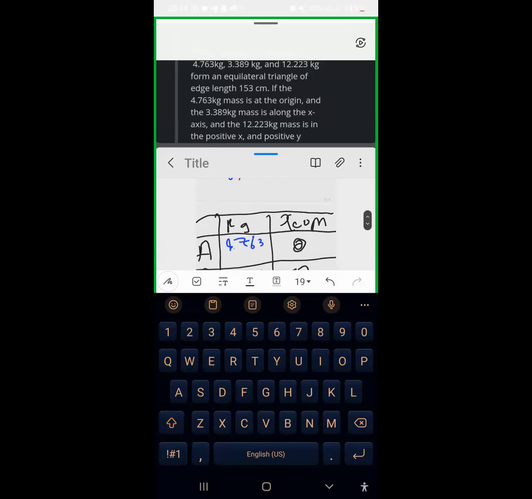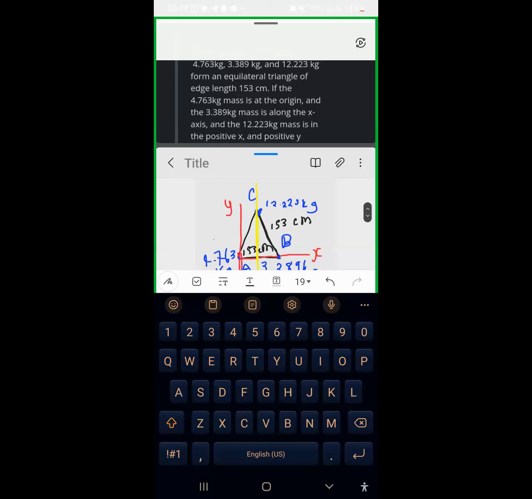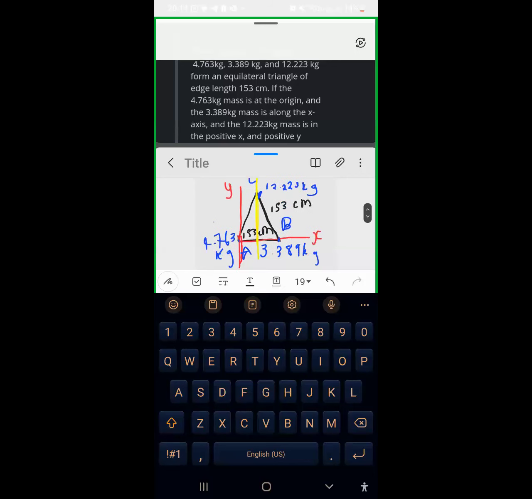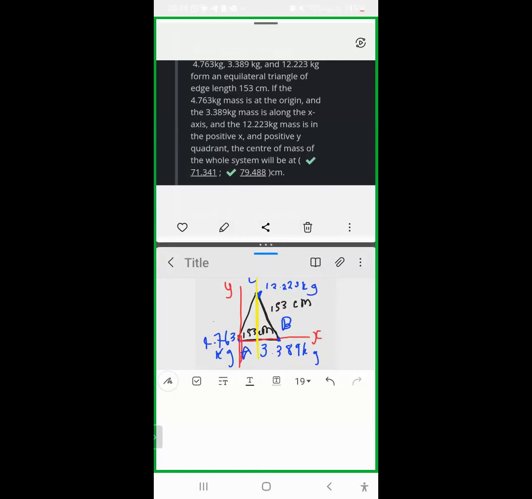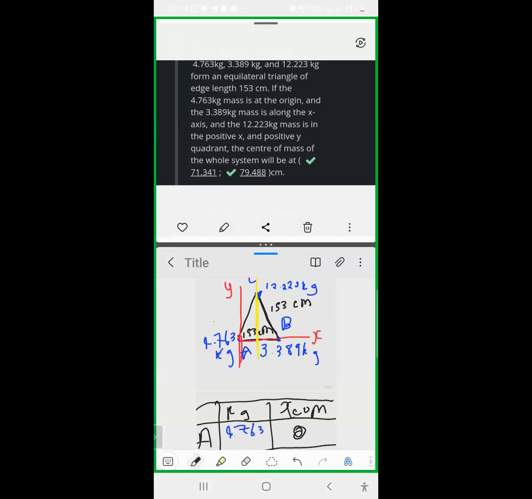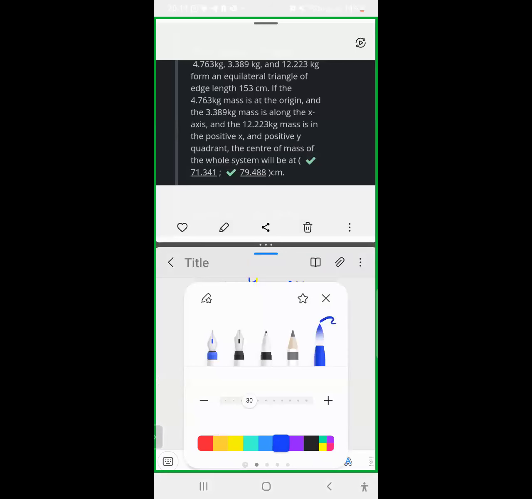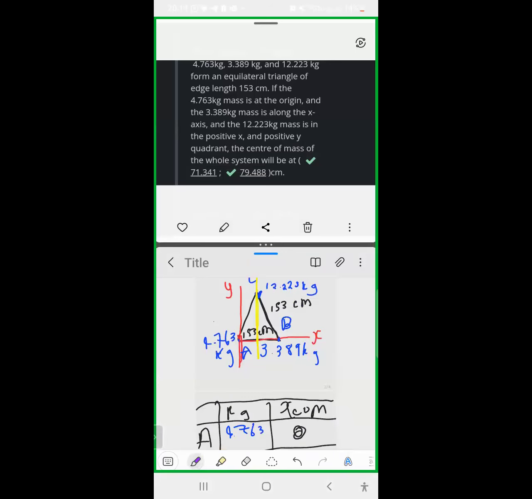Then to find the y center of mass for C, we can notice that we have a right angle triangle here. Therefore, we can use the Pythagoras theorem, since we know the hypotenuse to be 153 centimeters and the base to be 76.5, to find what this height is.